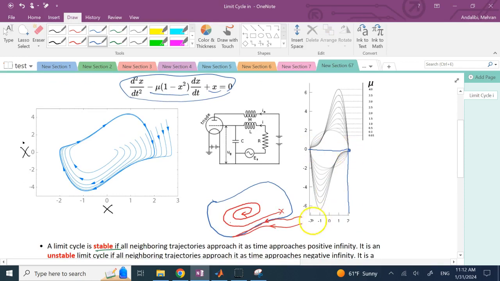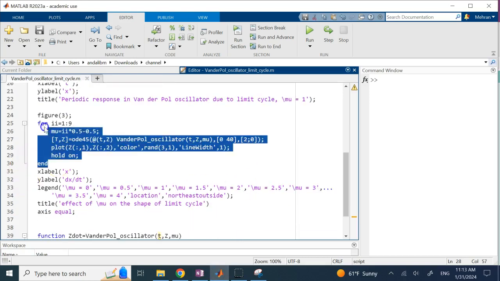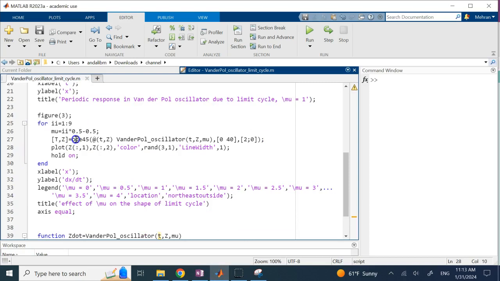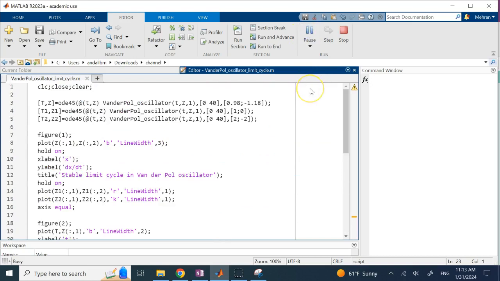So I use that point, or you can use negative 2 and 0. And then I plotted all of these different solutions on the same curve, and I showed their mu's, and I use a random color for all 9 different curves. Okay, so let's go ahead and run.